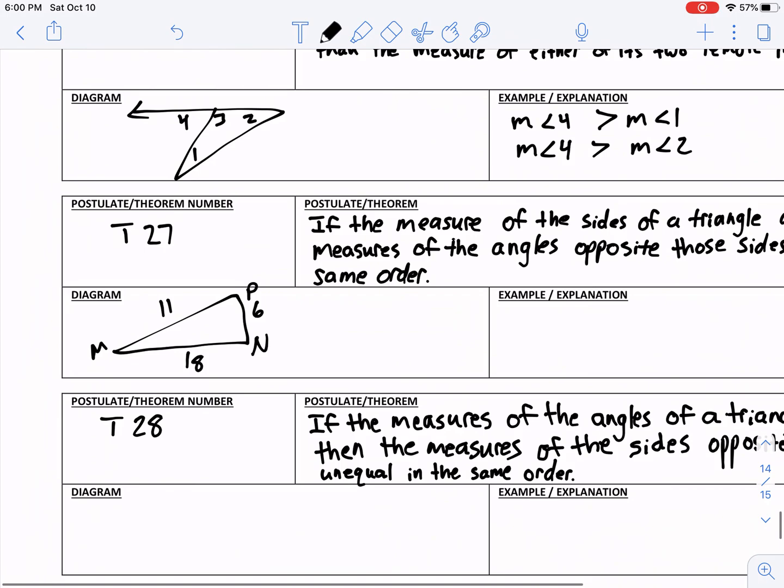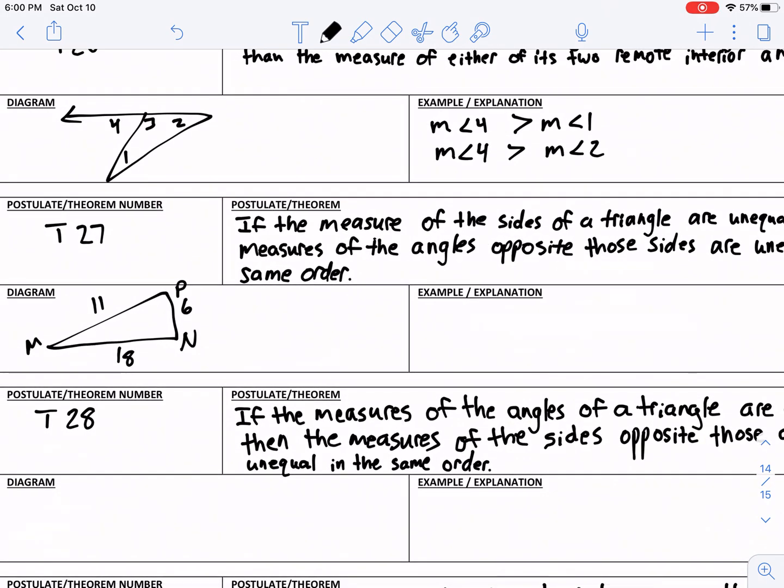We know that PN is the smallest side at 6, so PN's measure is less than the next biggest one, MP, which was 11, and MP is less than MN, which was 18. So PN is smaller than MP, which is smaller than MN, okay?